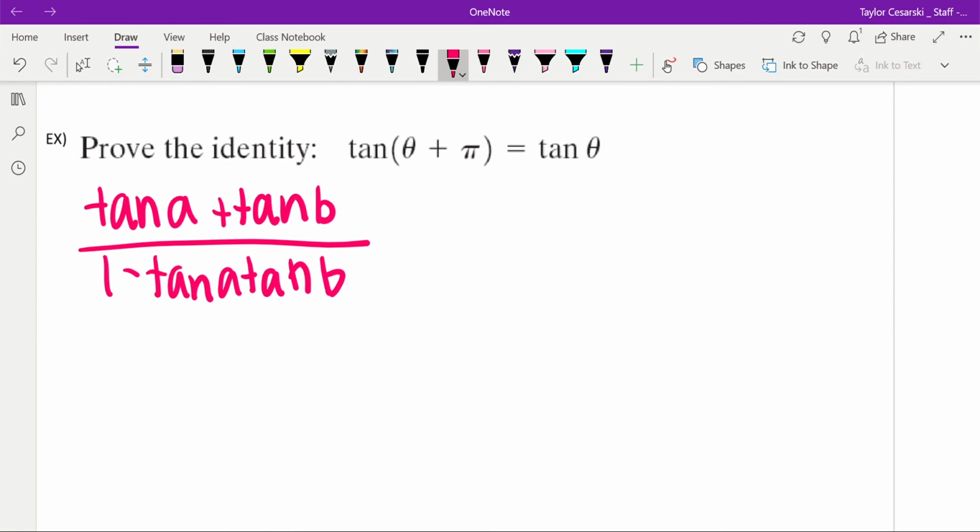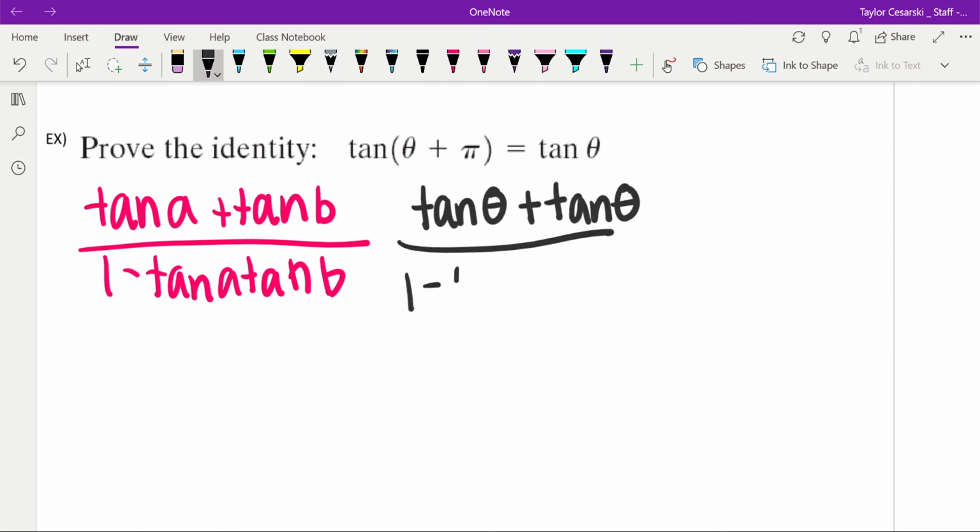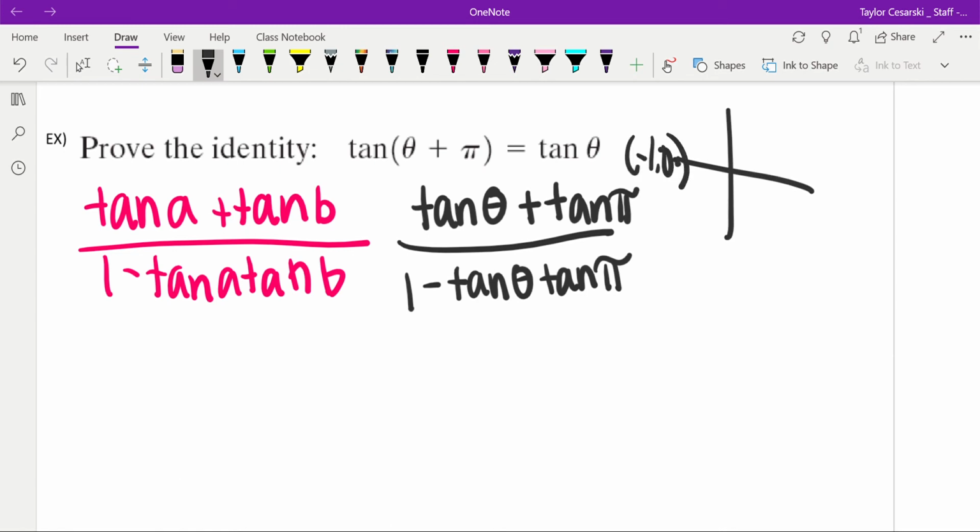All right, so let's just plug stuff in. So this turns into tangent of theta plus tangent of pi over 1 minus tangent of theta, tangent of pi. All right, so this should be pi right here. Okay, so tangent of pi is 0 over 1, which is just 0.